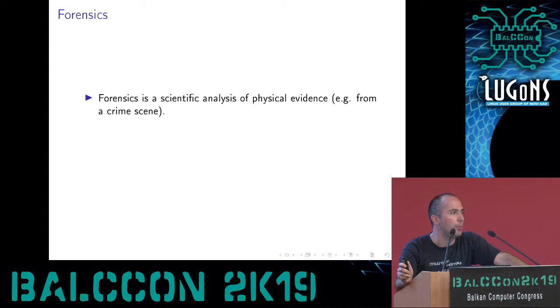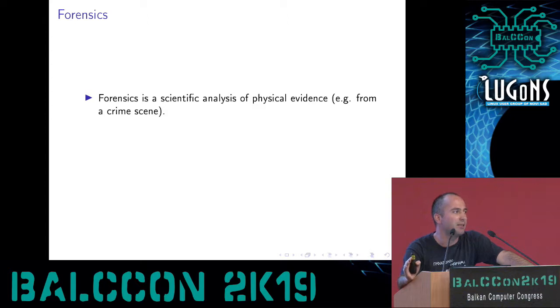So, to begin, one simple definition of forensics is that it is a scientific analysis of physical evidence, for example, evidence that can be found at a crime scene. So, I have a question for anyone in the audience.